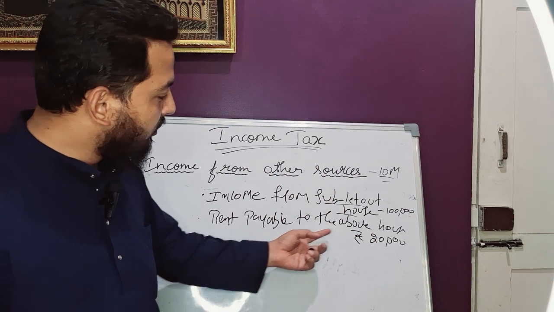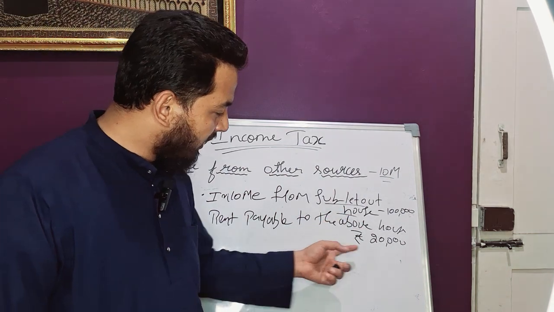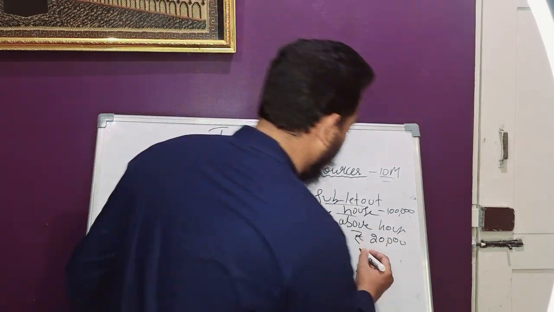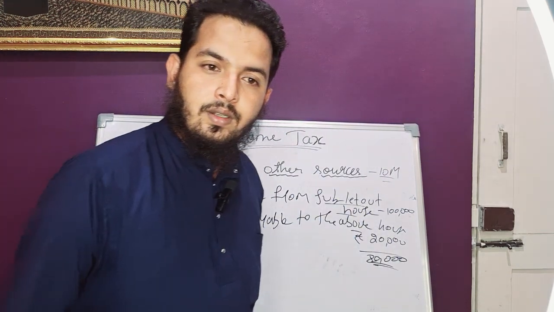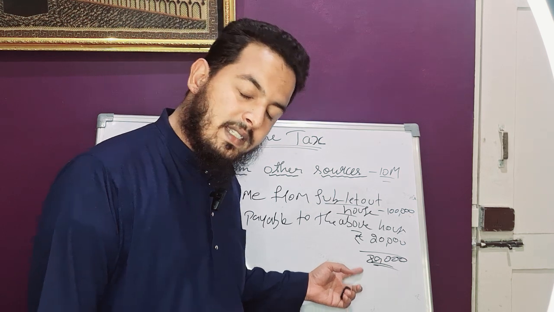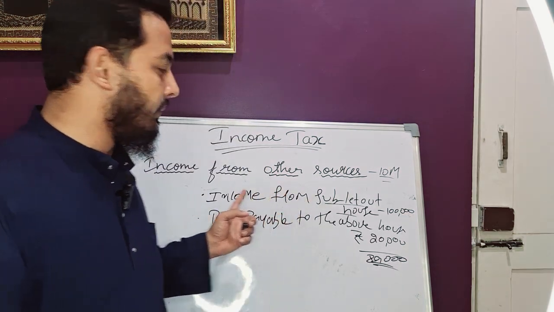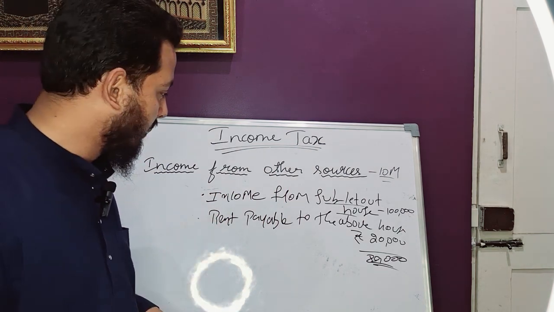But rent payable to the above house, to the original owner, I have to give the rent of rupees 20,000. 1 lakh minus 20,000, balance is 80,000. This 80,000 is taxable under the head income from other sources. I hope this point is clear.